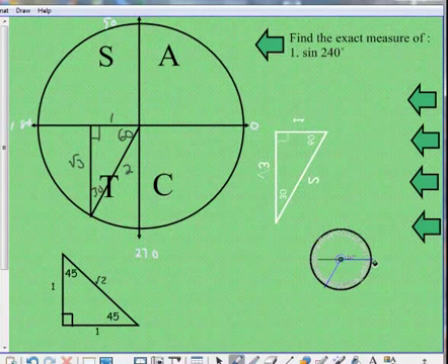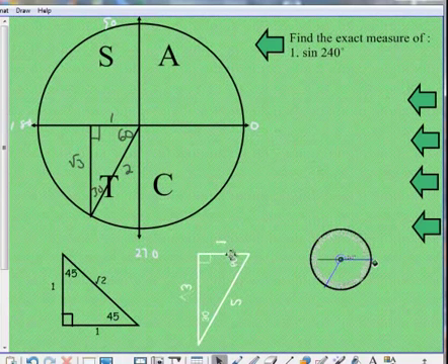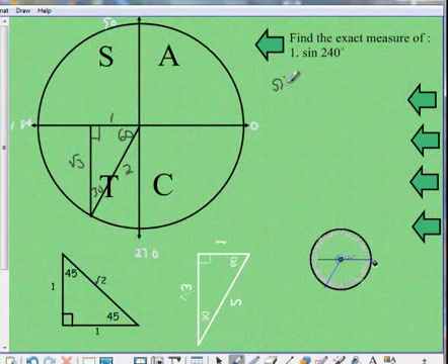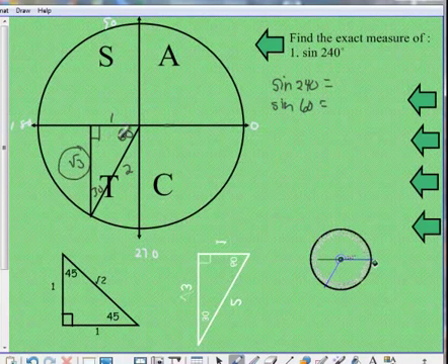Now, what I can say is the sine of 240 is related to the sine of 60. And both mean to take the opposite and put it over the hypotenuse. And we realize that it's a negative, right?